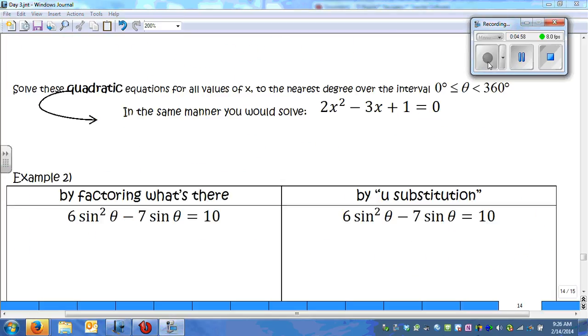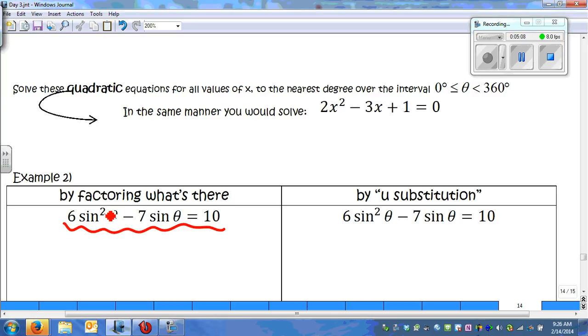Solving linear trig equations like we just did in that first example is very much like solving regular linear equations. Coincidentally, quadratic trig equations with a sine squared theta, sine, and a plain number, those equations are very much like regular quadratics that we're really good at solving.